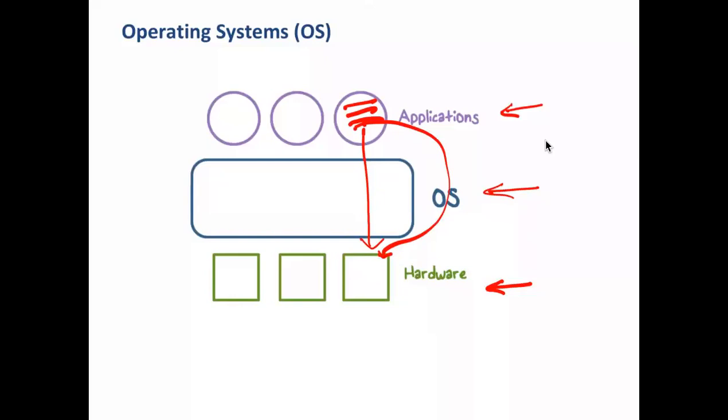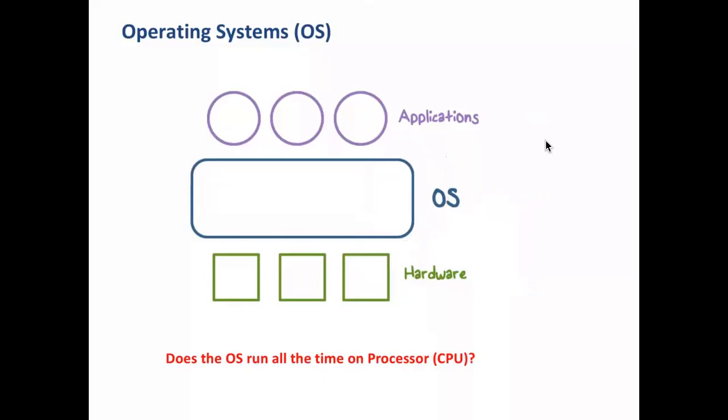No. All right, now the question I'm asking is: does the OS run on the processor all the time, assuming there is a single processor, not a multi-core processor? Does the OS run all the time on the CPU?